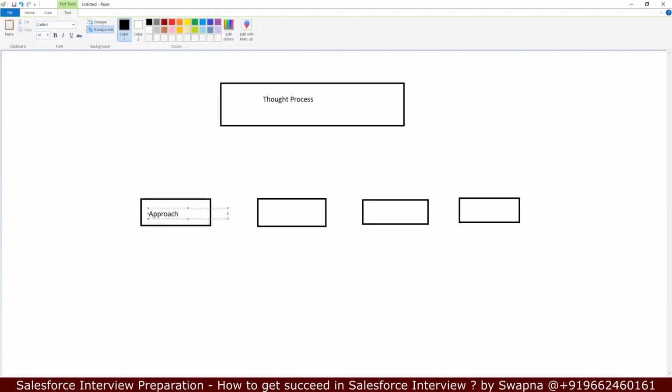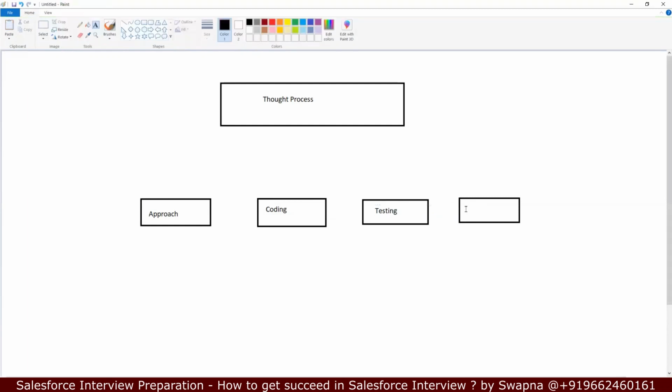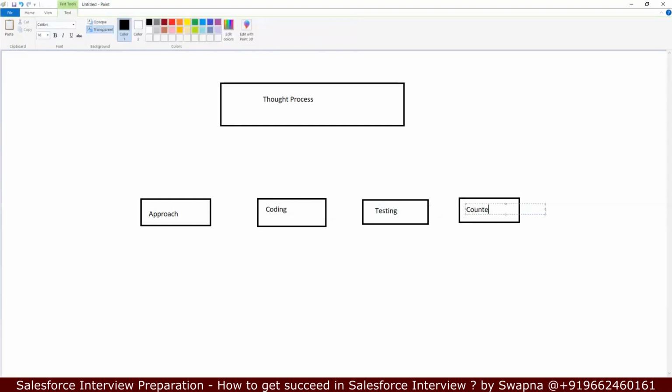Then coding and testing. And the final thing, which is very important, is counter questions.